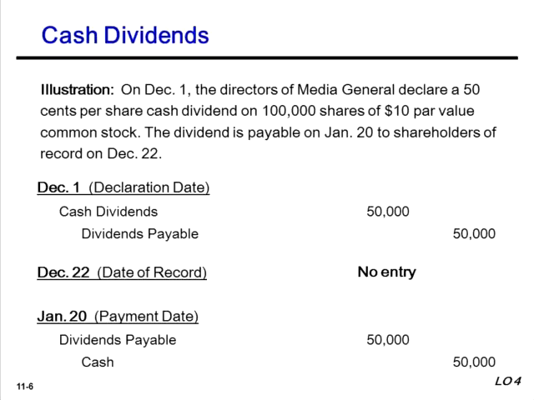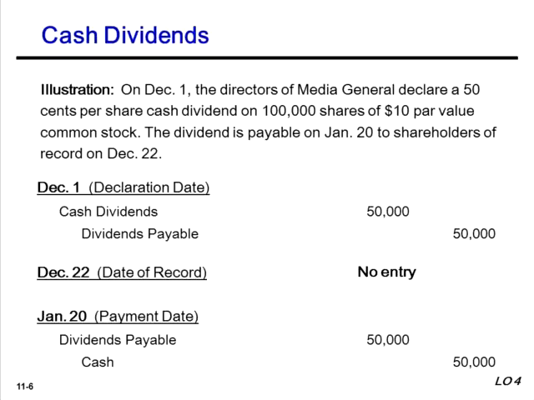And this is an example. So on December 1st, the directors at Media General declare a 50-cent per share cash dividend on 100,000 shares of $10 par value common stock. Information about the par value for our purposes here is irrelevant. The dividend is payable on January 20th to shareholders of record on December 22nd.